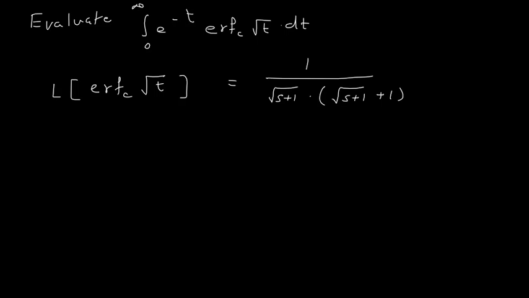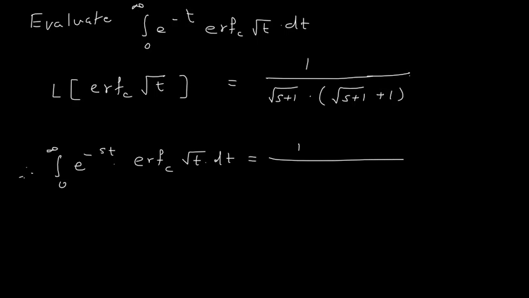This is the formula. So therefore we will say that 0 to infinity e raised to minus st into the complement of the error function of root t dt will become 1 upon, in place of s, let us write s plus 1 root of s plus 1 plus 1.